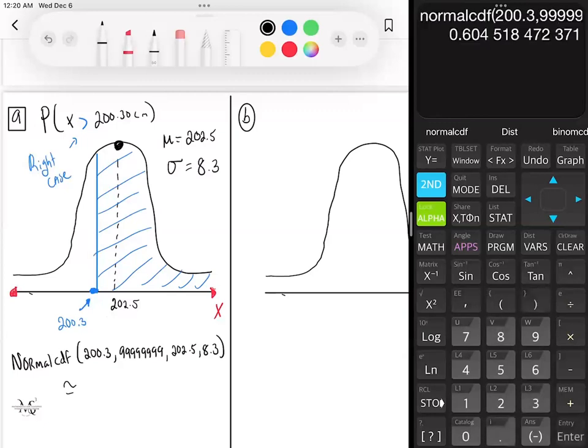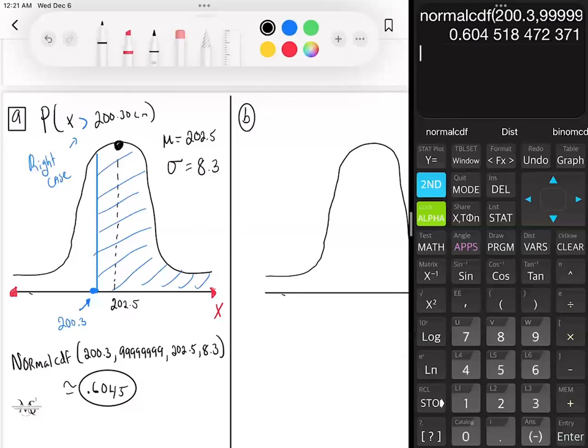Close parentheses, and we're going to get an answer. The answer we get is approximately 0.6045. So that would be the solution if there was a part A that says if one overhead reach distance was selected at random, find the probability that that overhead reach would be greater than 200.3 centimeters.